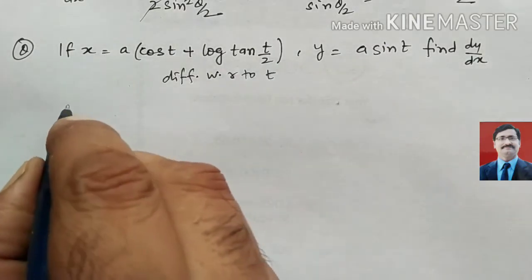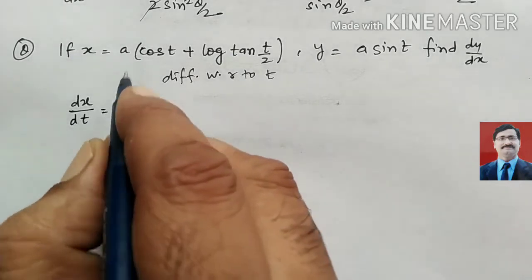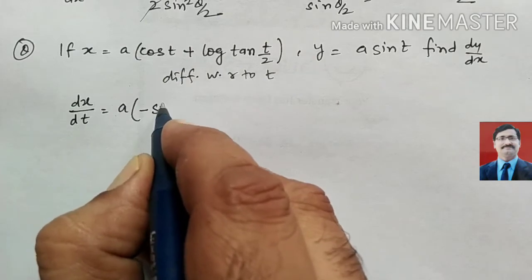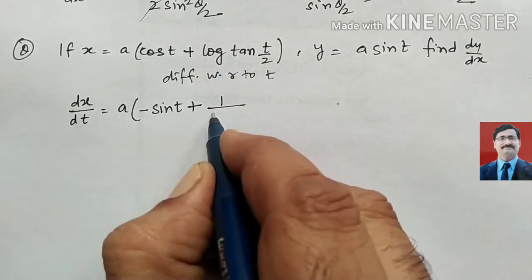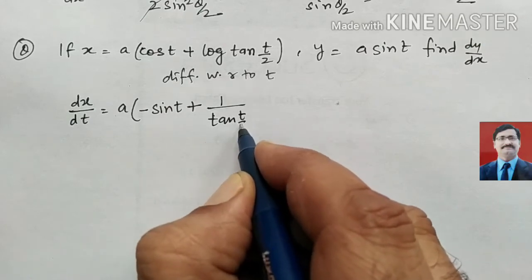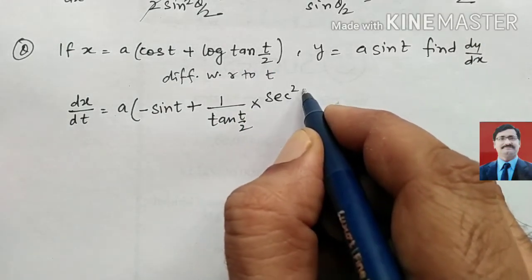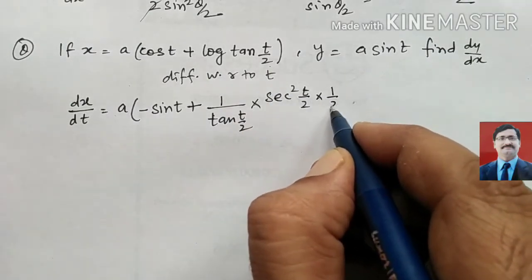When we differentiate with respect to t, we get dx by dt equal to a (as it is) times the differential of cos t, which is minus sin t, plus the differential of log, which is 1 upon tan t by 2, and the differential of tan is sec square t by 2, and the differential of t by 2 is 1 upon 2.